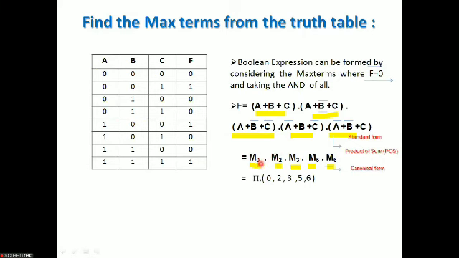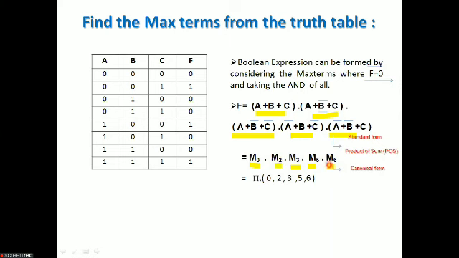This is the canonical form. The presentation of the Boolean expression in max terms is the canonical form. Now this is product of sum, in between them there is a product: M0 dot M2 dot M3 dot M5 dot M6.